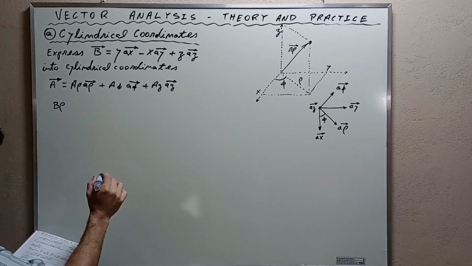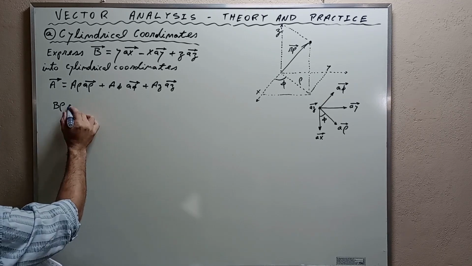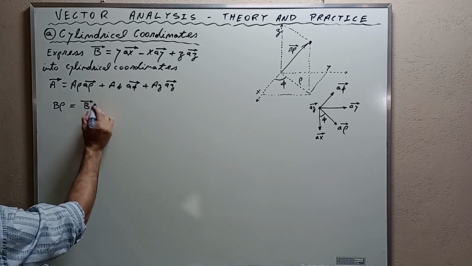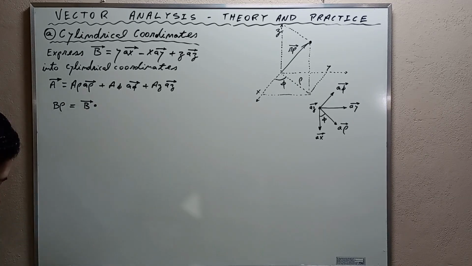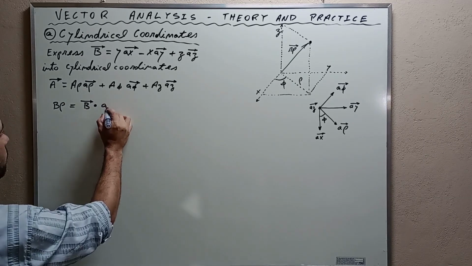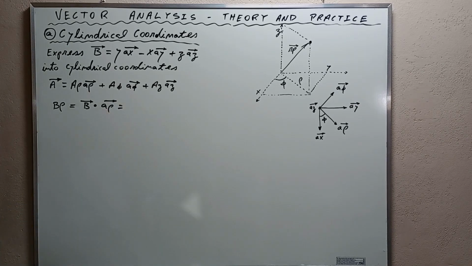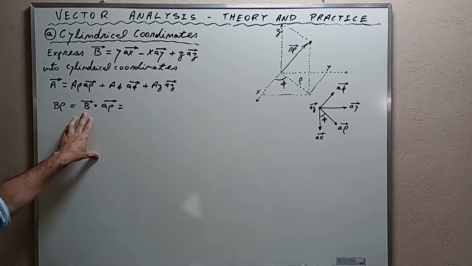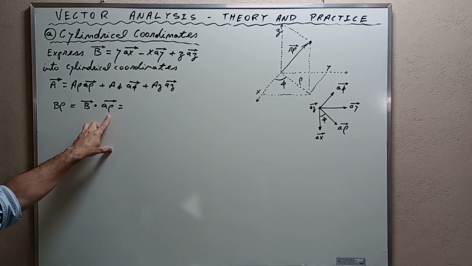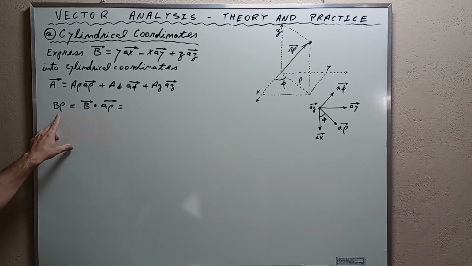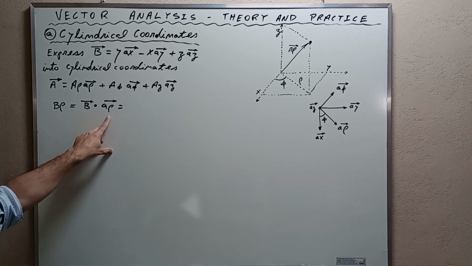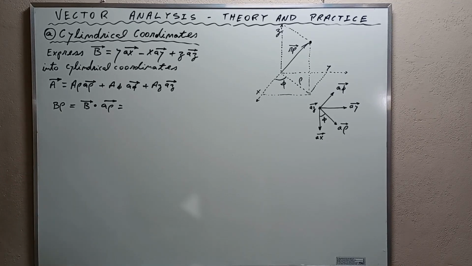B rho will be equal to b in a dot product with a rho. Okay, remember that the dot product allows us to calculate the component of any vector in the direction that we want. We want the rho direction. Then, to express the component of b in the rho direction, we simply use the dot product in this manner here.